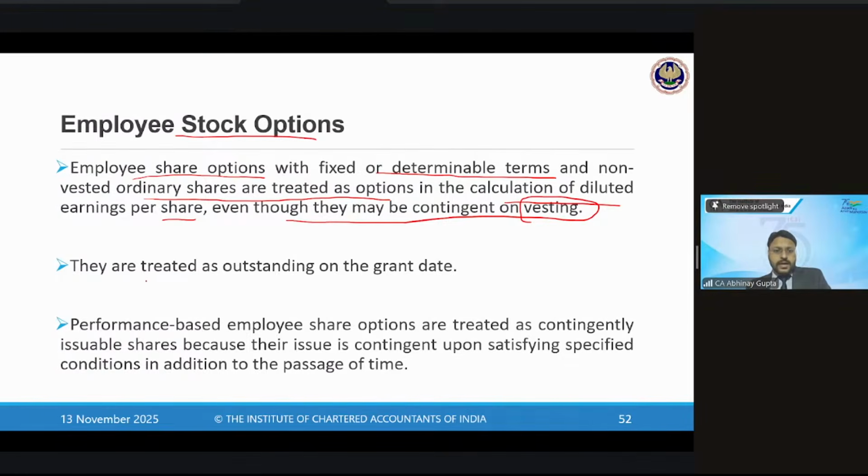Hence, on this assumption, they are treated as outstanding on which date? The grant date. What is the grant date? What is the grant date as per Ind AS 102?